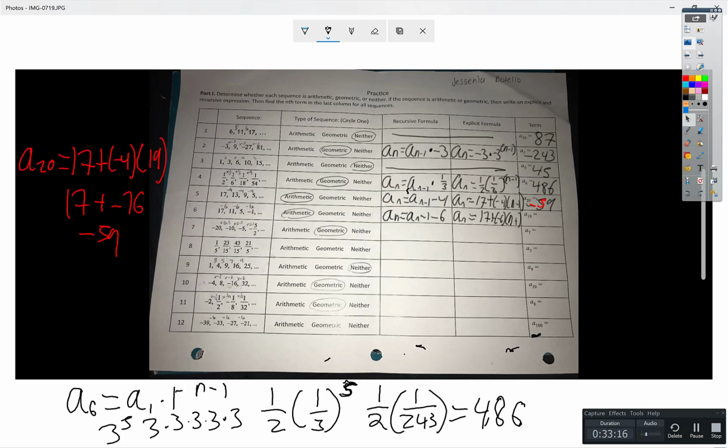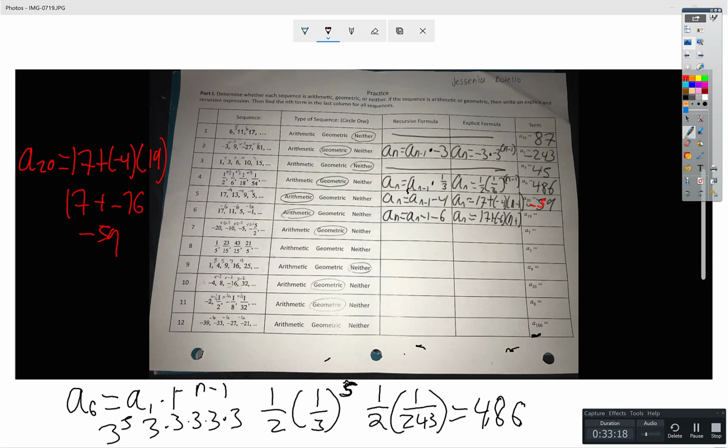So the 18th term would be a_18 is equal to 17 plus -6 times 1 less than 18 is 17. So that's -60. 7 times 6 is 42. -42.